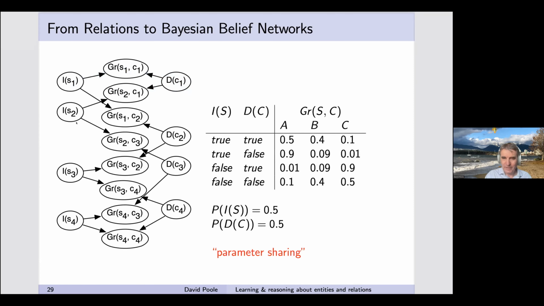And here's a model, and the tables for this share the parameters amongst all of these. There's parameter sharing. I believe this parameter sharing for relational models predates what you might have heard about in convolutional neural networks, but it's the same idea. You're sharing the parameters. These models of parameter sharing were all developed in the late 1980s and early 1990s.